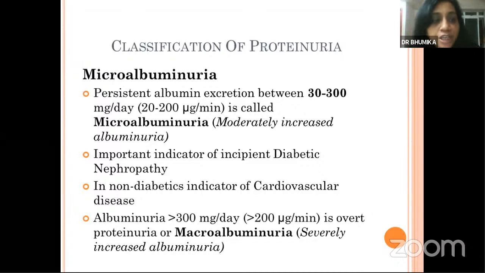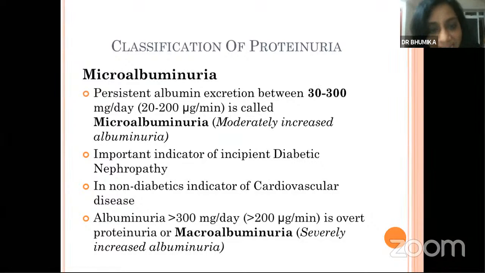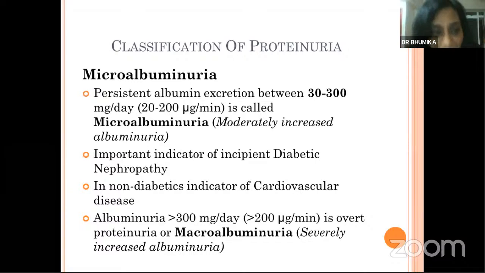Persistent albumin excretion between 30 to 300 milligrams per day is called microalbuminuria. But the recent KDIGO guidelines over the last 2 years have made the term microalbuminuria a little obsolete, and the new term being used is moderately increased albuminuria.